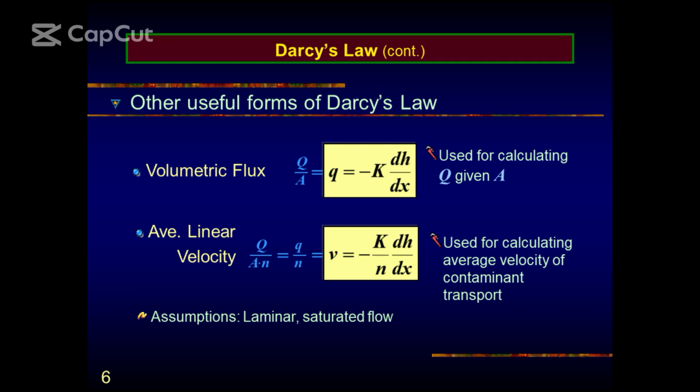This area is the cross-sectional area and is perpendicular to the direction of flow. So flux is a vector quantity because it is specific. It goes in the direction of flow, in the direction of the flow velocity.